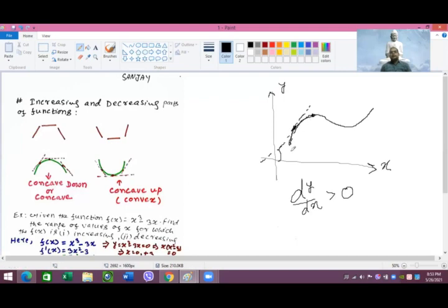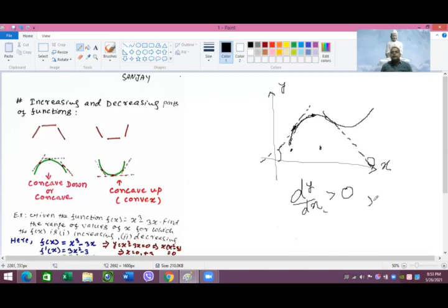So from this domain to this, the curve is increasing, and at this point it is found that dy by dx is greater than 0. Therefore, the condition for a function to be increasing is that dy by dx is greater than 0. Now, if you consider a tangent at this point, for example, and extend it to the x-axis, and measure this angle, this is an obtuse angle.